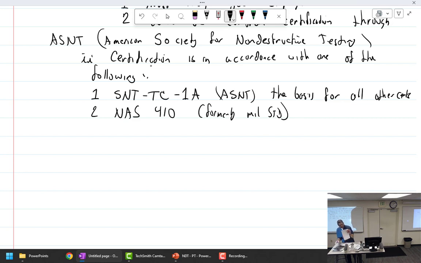Let's see. NAS 410. I have revision 4 in front of me. Sheet 1 of 26. This was an expensive publication to buy, let me tell you. You can't get these things just online. You'd be surprised. So 26 pages.